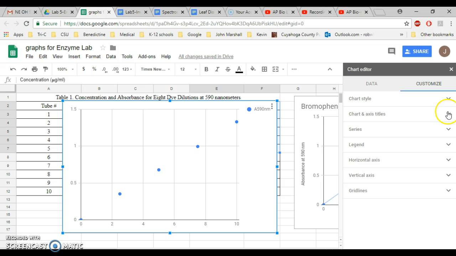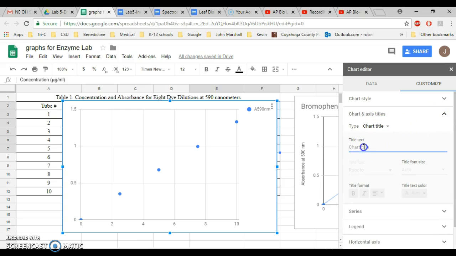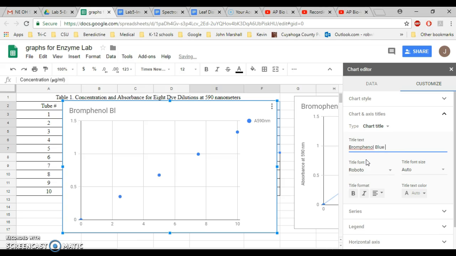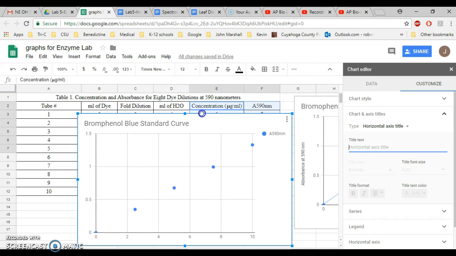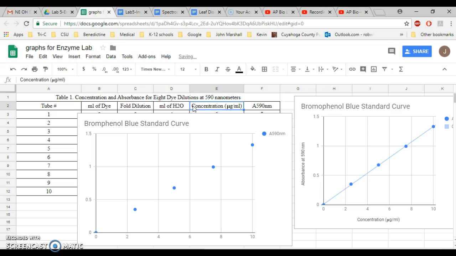So if I go under Chart and Axis Titles, I'm going to call this bromophenol blue standard curve. Okay? And I'm going to label all the axes. The horizontal axis is going to be concentration, and because the concentration is in microgram per mil, there's a trick that you can use to get this.